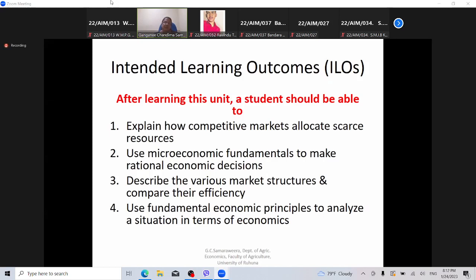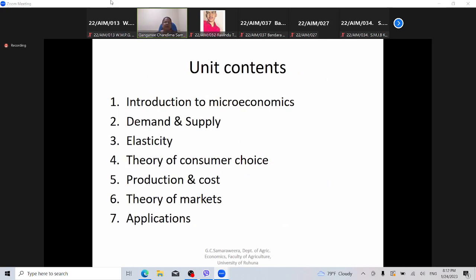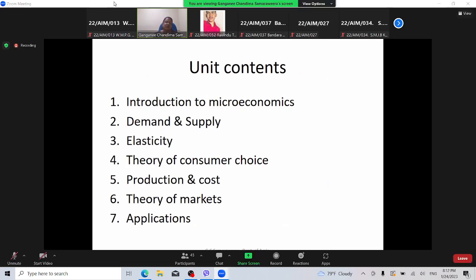Then we are going to learn about market efficiency as well. Then this course aims to use fundamental economic principles to analyze situations in terms of the economy, because this is microeconomics. So these are the main intended learning outcomes, or ILOs, in this course.